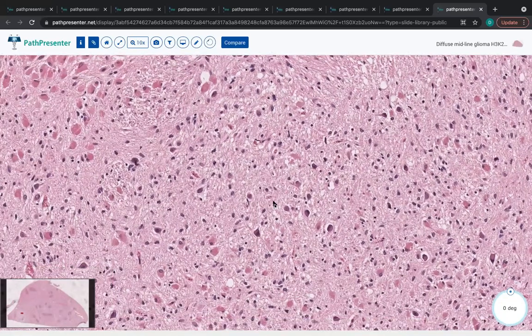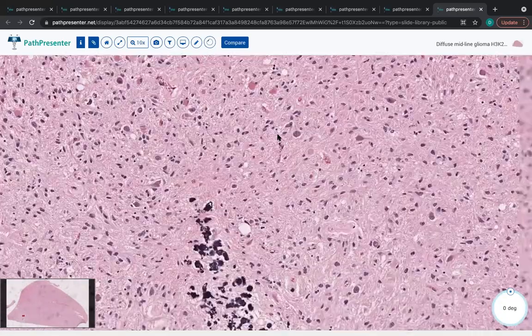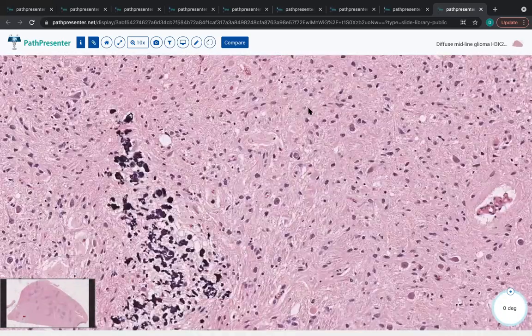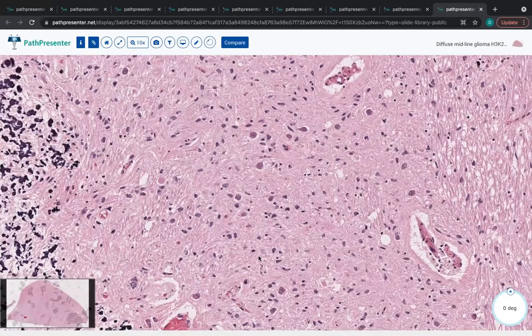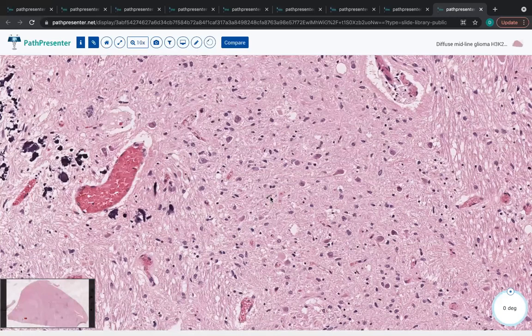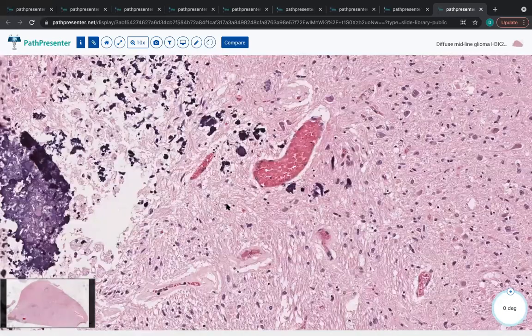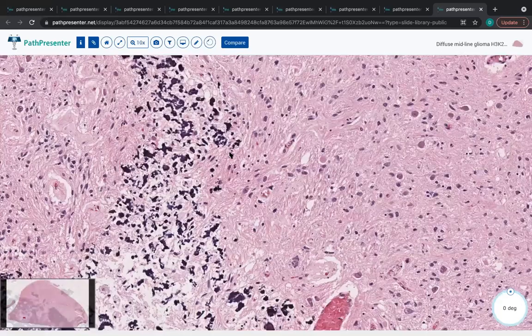Mitotic figures would probably be difficult to find in this tumor. We're certainly not going to see necrosis or microvascular proliferation. And so by conventional astrocytoma grading criteria, this might well fit for a grade 2. However, this is a dismal prognosis in these patients.